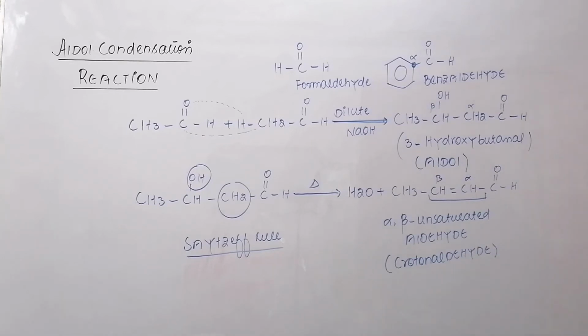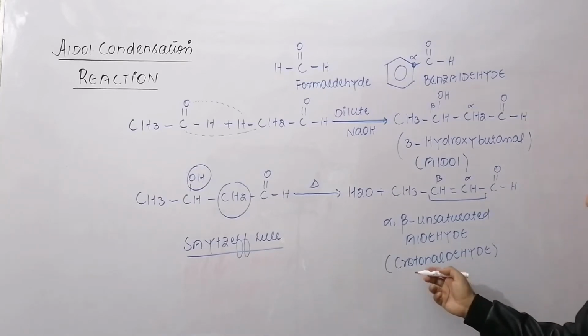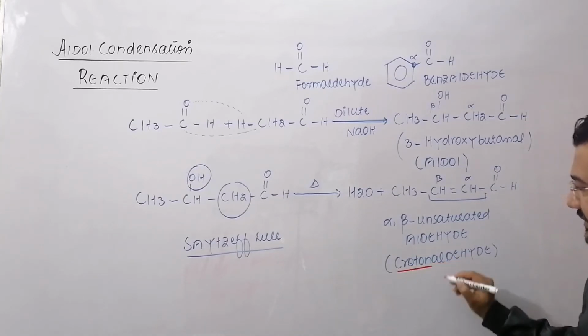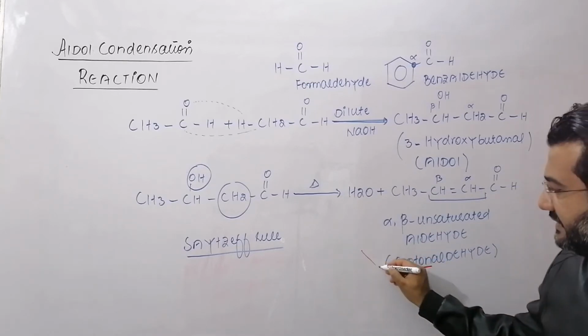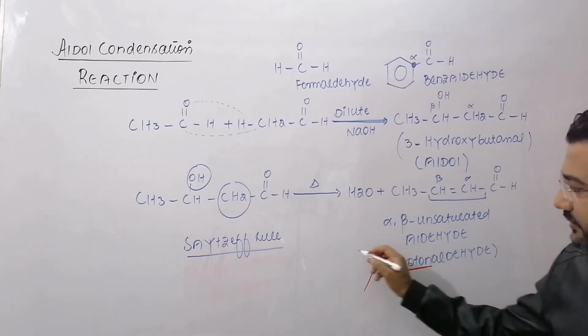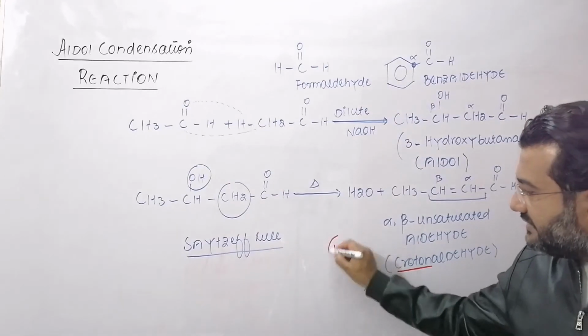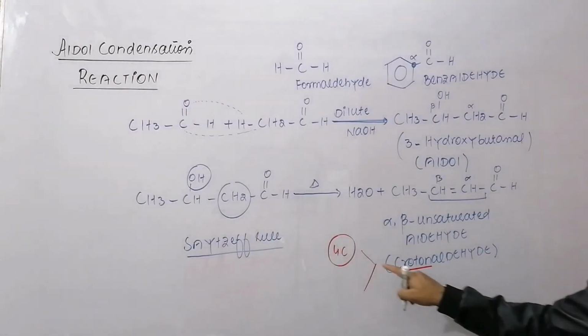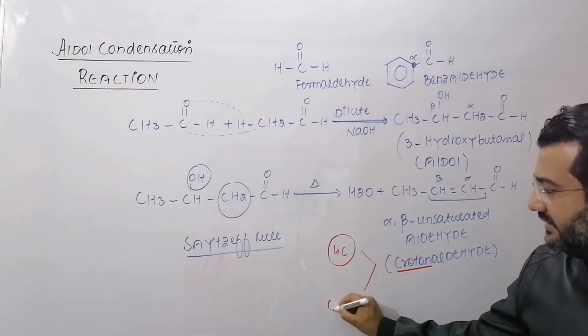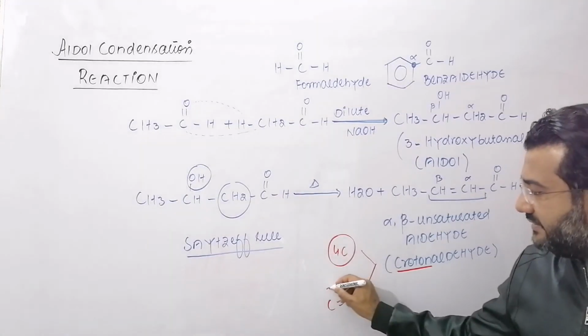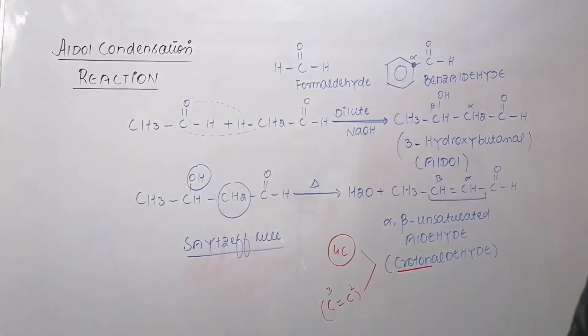Keep in mind that croton is a prefix which is used in the nomenclature of organic compounds, and this croton prefix means that the compound with which this prefix is used will have a total of 4 carbons, and the double bond will be present between carbon number 2 and 3.